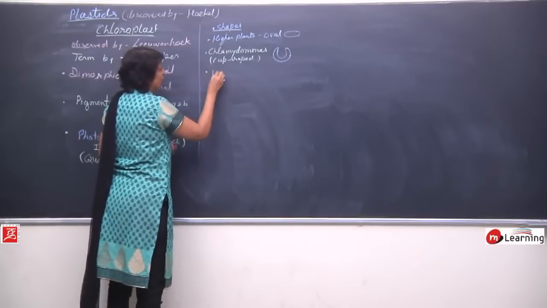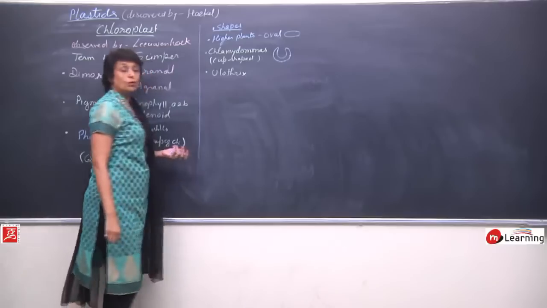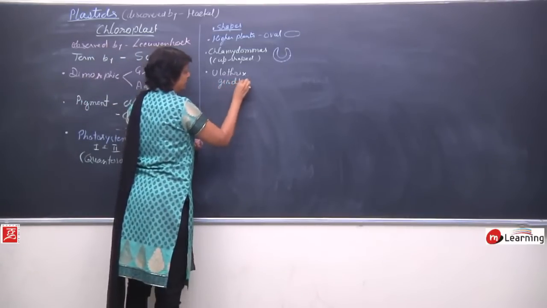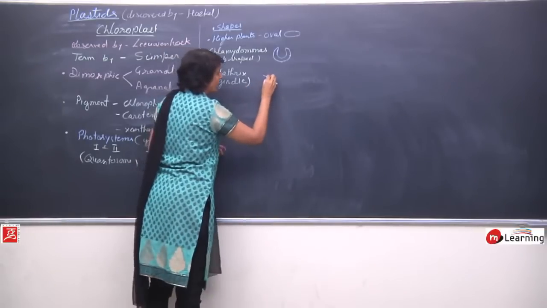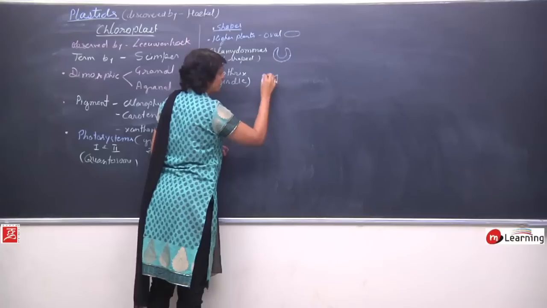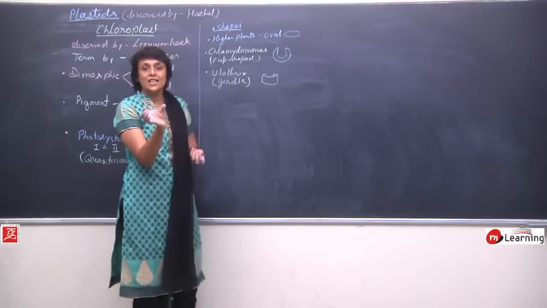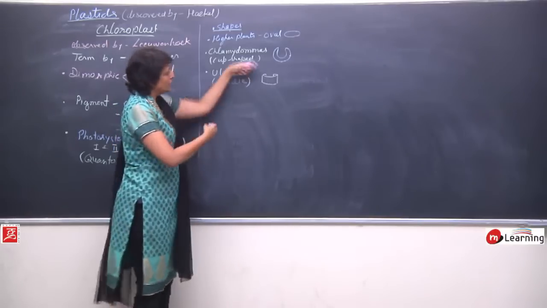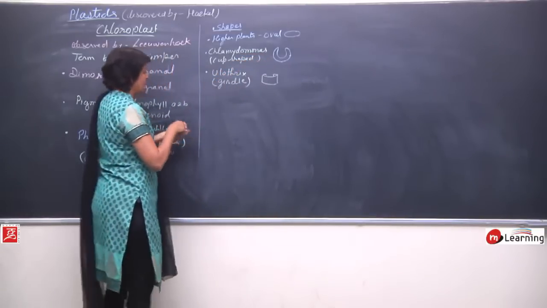Another alga, Ulothrix, chloroplast is girdle shaped. So when we draw that chloroplast, girdle is basically C-shaped. So when you're seeing from the side, you just see one part and the nucleus is inside this girdle-like thing. So this is called girdle shaped.